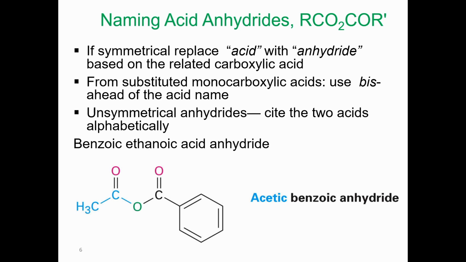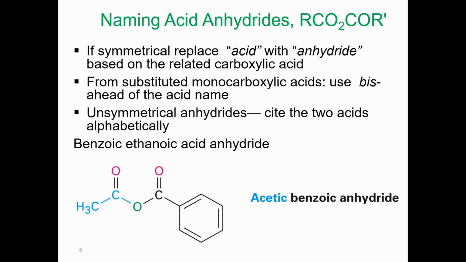But if it's unsymmetrical or asymmetrical, we are going to look at alphabetical order. Example, we have benzoic ethanoic acid anhydride, in the sense that we have 2 carboxylic acids that form this anhydride, and they are ethanoic acid and benzoic acid.